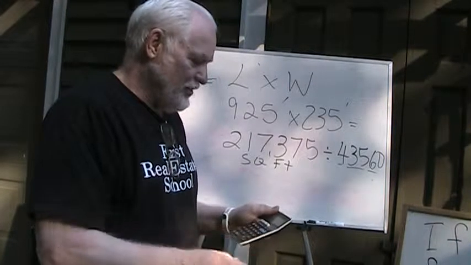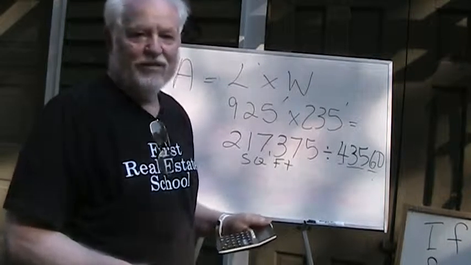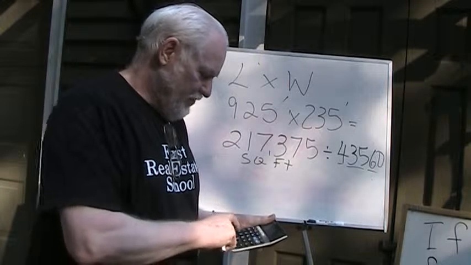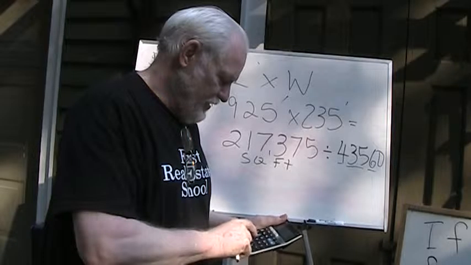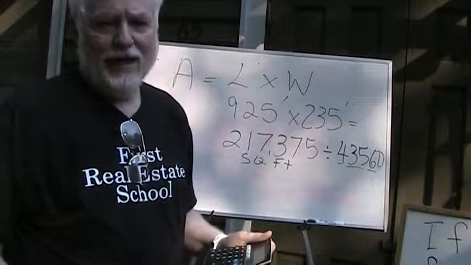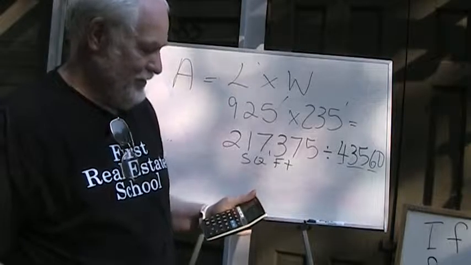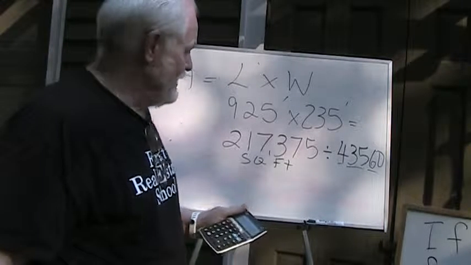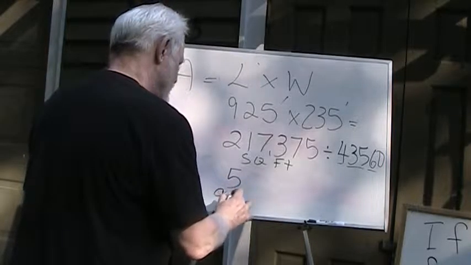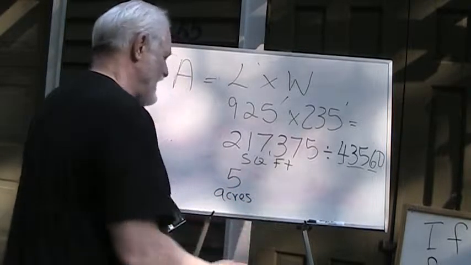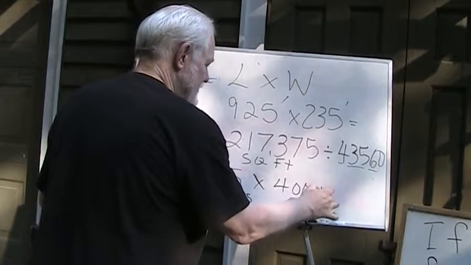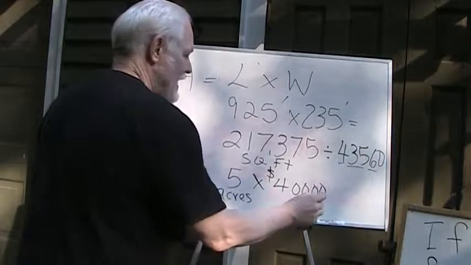So we're going to take our 217,375 square feet and divide it by 43,560, and that comes to 4.990243. So that's almost 5 acres. So we've got 5 acres of land at $40,000 per acre.